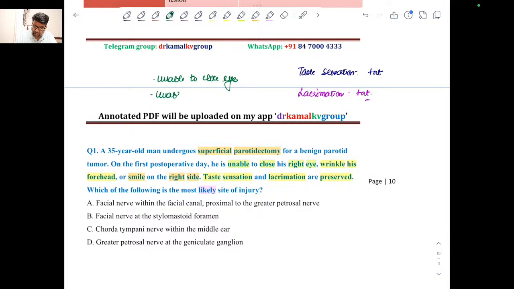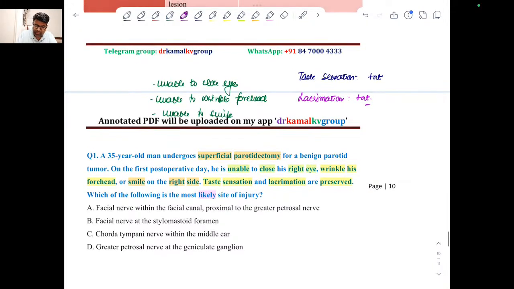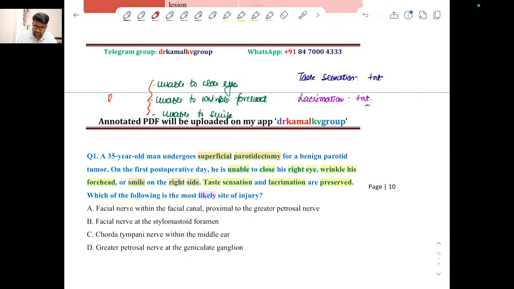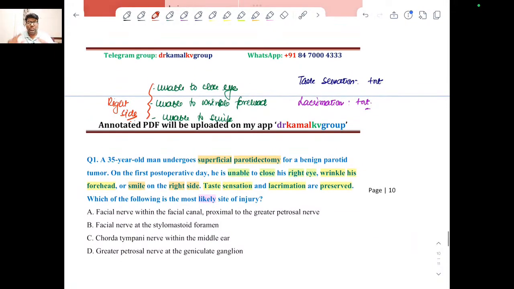Then unable to wrinkle forehead, and unable to smile, and all on which side? This is all present on right side. Now see, there is no mention of any sparing of forehead.